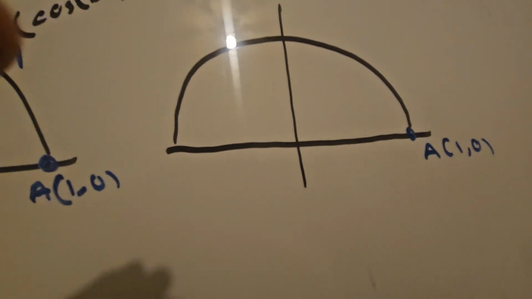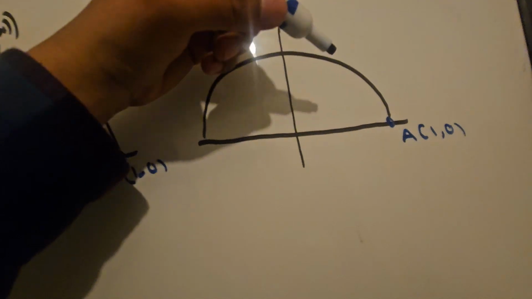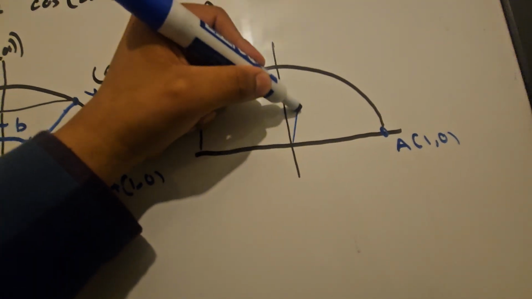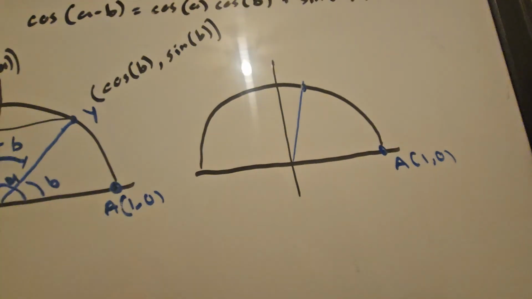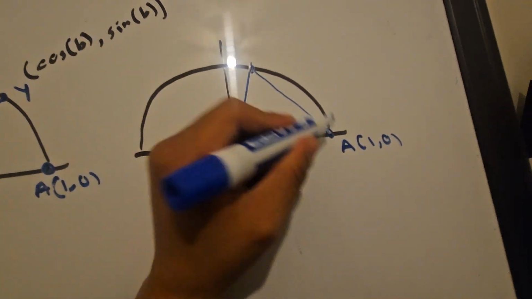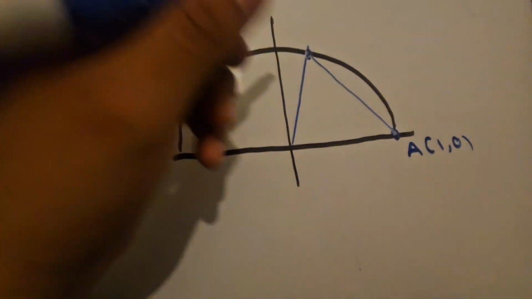Let me switch my marker again. I want a blue marker. From now on I'm just going to write with the blue marker to stop from pausing. So let's go ahead and move our triangle like this. It doesn't really matter where you put it.